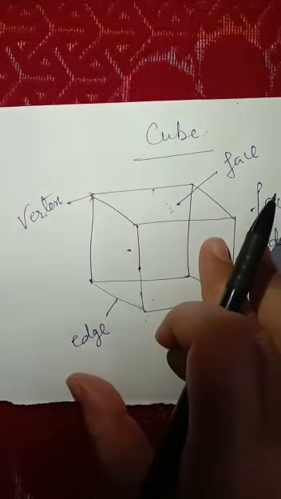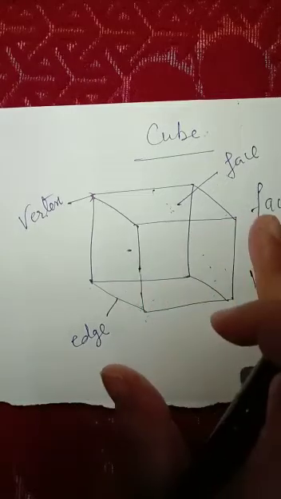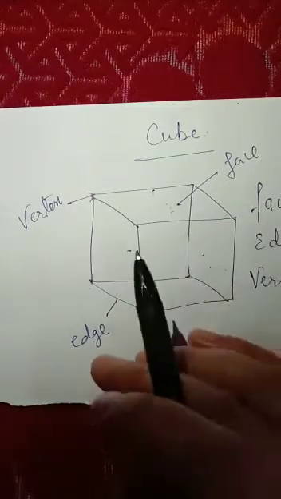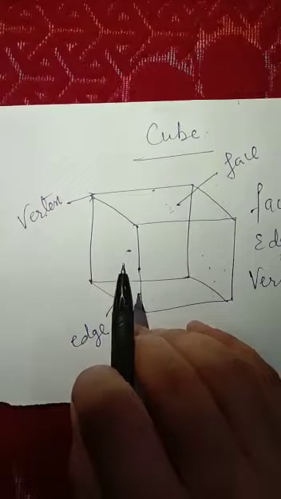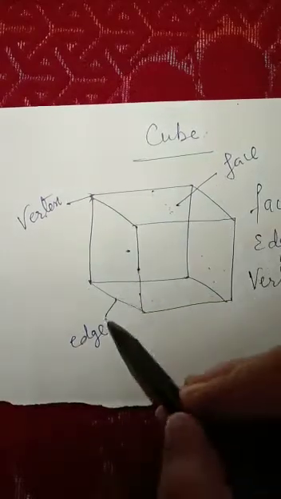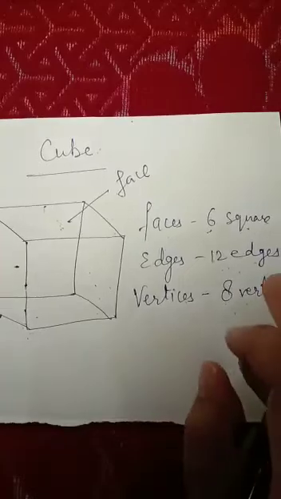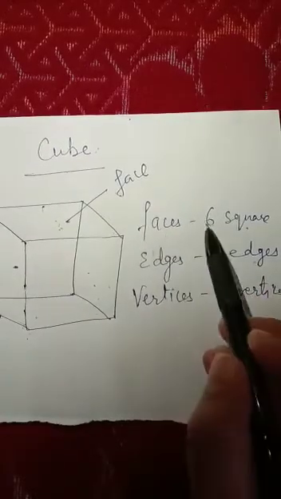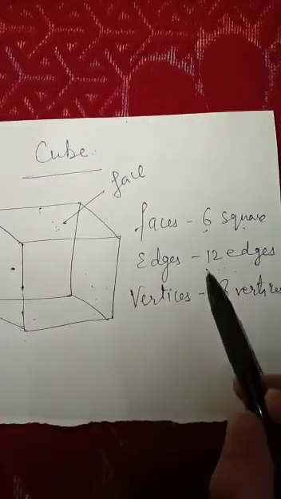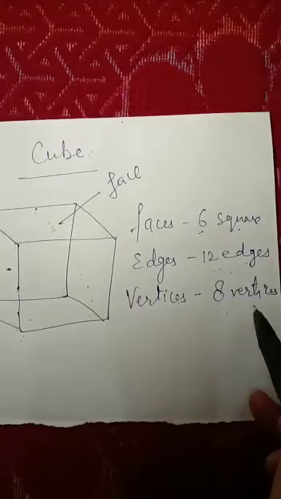So you can count from this figure or any object which is similar to a cube shape, and you can see how many faces, edges and vertices are there. So a cube shaped object or a cube has 6 square faces, 12 edges and 8 vertices.